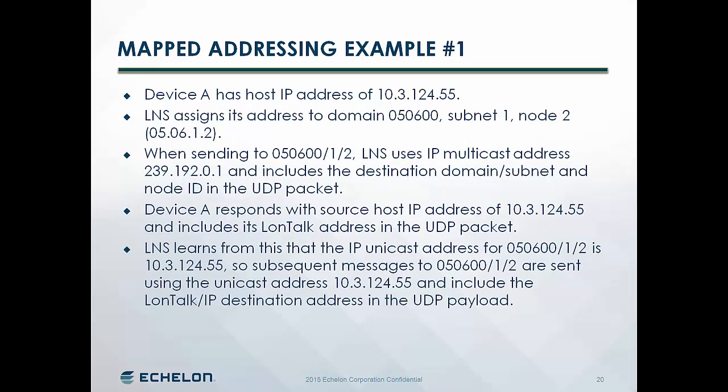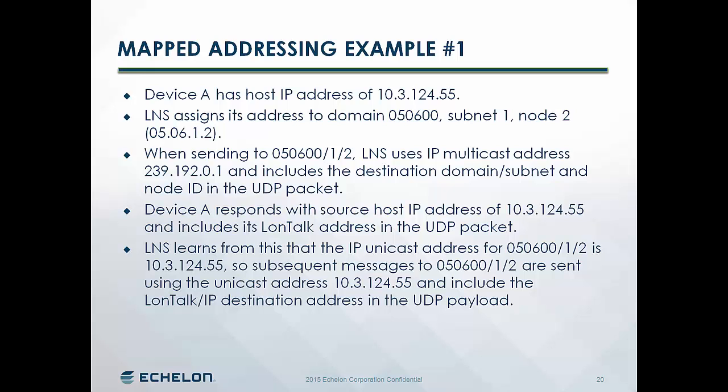So if we looked at a worked example where the host IP address is different to the LonTalk IP address, let's say device A has a host IP address of 10.3.124.55. An LNS will assign its address to domain 050600, a 3-byte domain, subnet 1 and node 2.